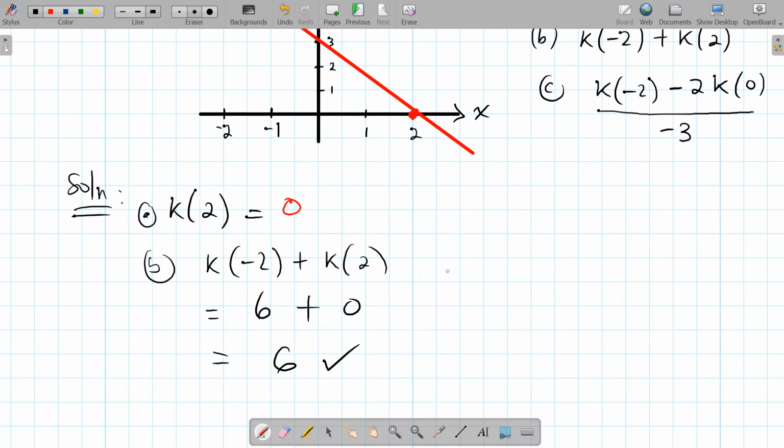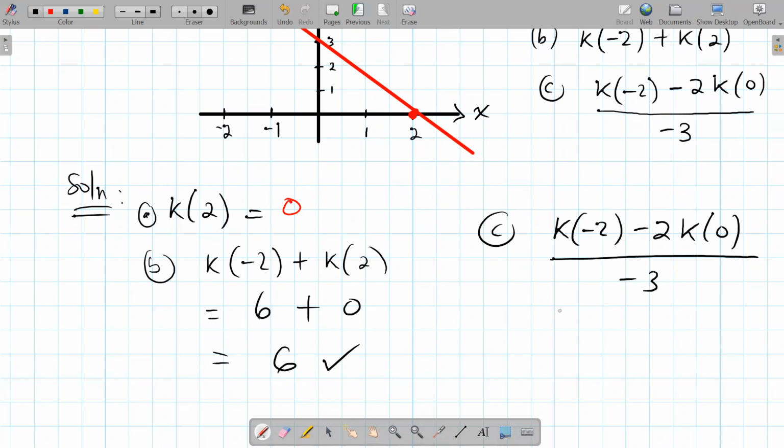Okay. Then the C part, it says I should find K of -2 minus 2 of K of 0, all over -3. I already found K of -2 here. K of -2 is 6. So 6 minus 2.